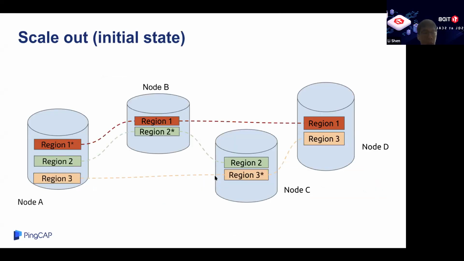So here is a simple example of how TiDB can scale. For example, there's a lot of data on node A, and the disk is almost full.